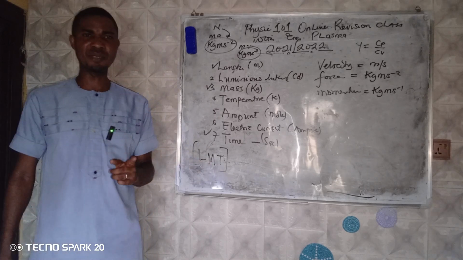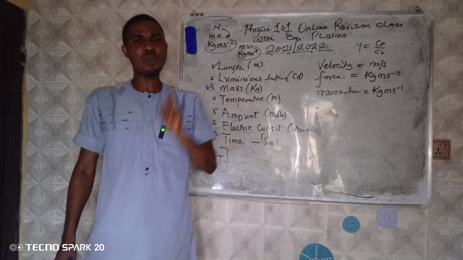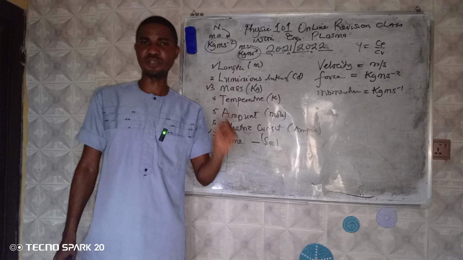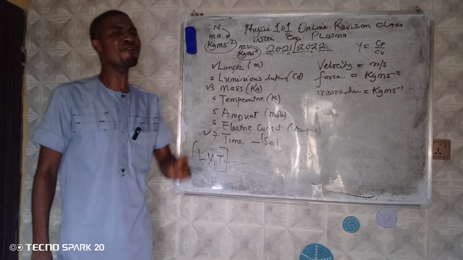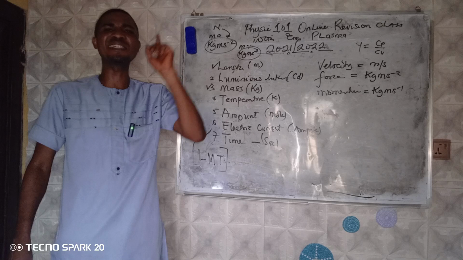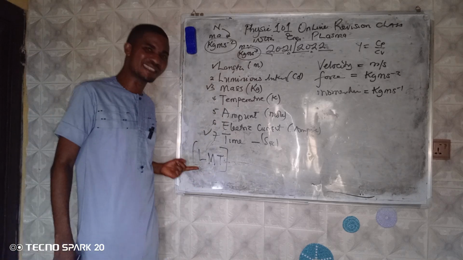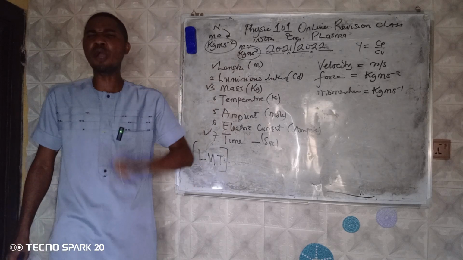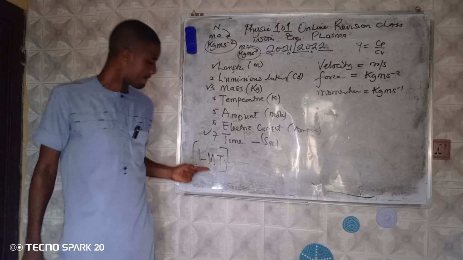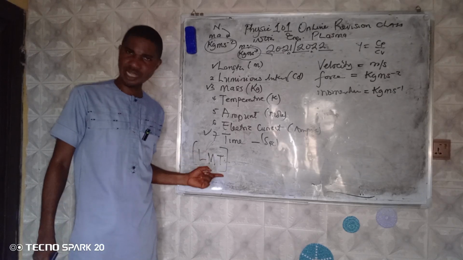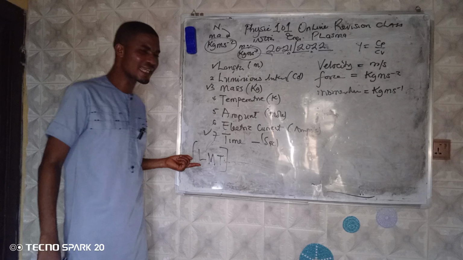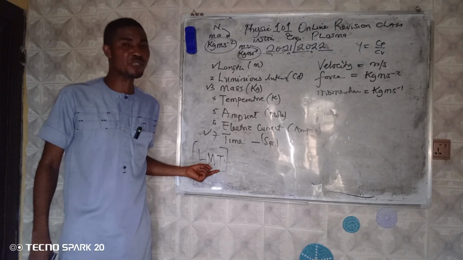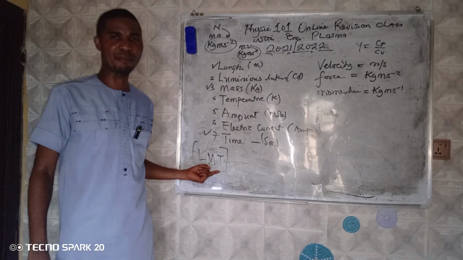They are basic fundamental. If you may be asked, why are they referred to as basic fundamental? They are referred to as basic fundamental because every other quantity can be defined based on their 3. Every other quantity can be defined based on length, mass, and time. And that is why they are called the basic fundamental.